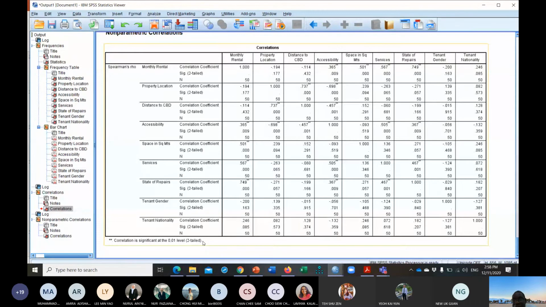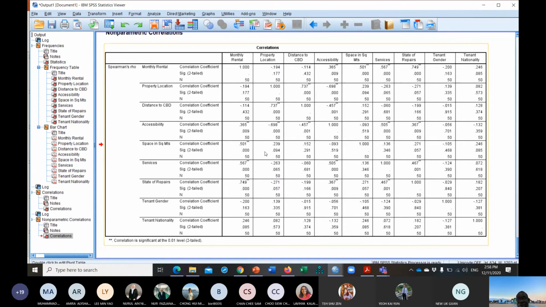And let's look at our correlations. Which one has 2 stars? Which one has 1 star? All of them have 2 stars. I think there should be one that is 1 star. So the meaning is, if the correlation is significant at p less than 0.01, this p-value of 0.000 is less than 0.001.